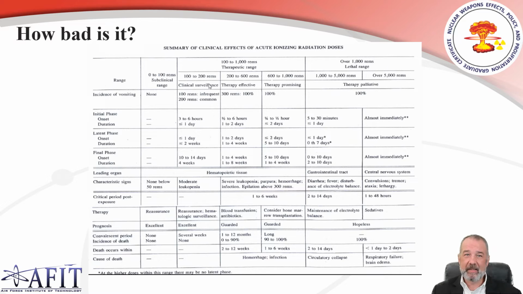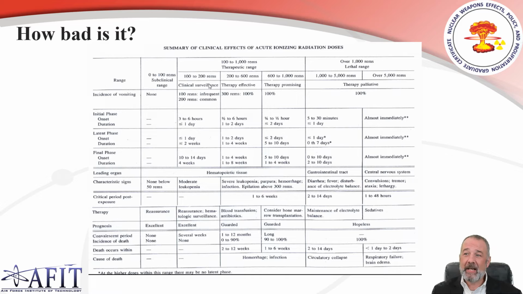Latent phase: this occurs after the initial treatment has been administered. So after the initial radiation has been absorbed into whatever particular system, we have this happening days later and lasting for weeks, except in the case of the lethal range, which we'll talk about in a second.